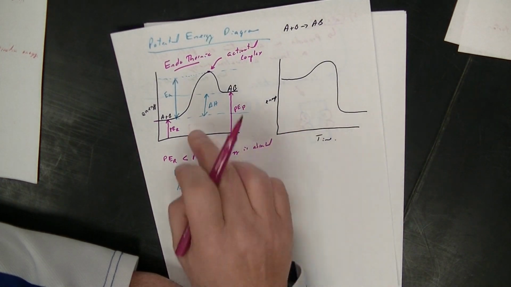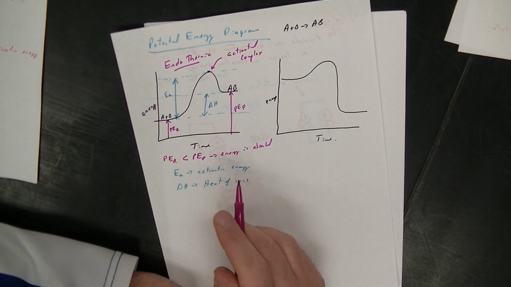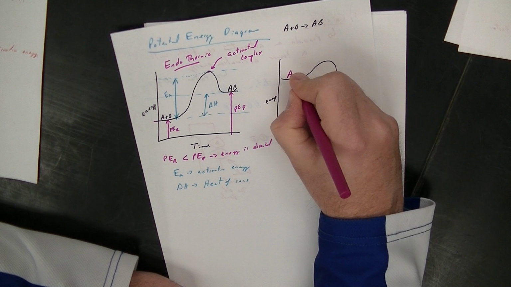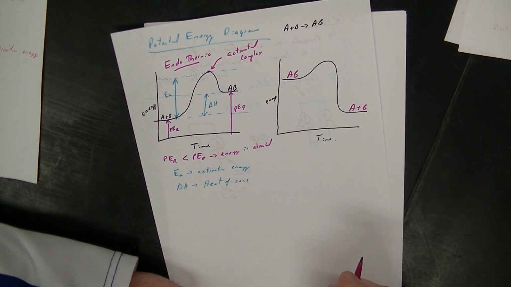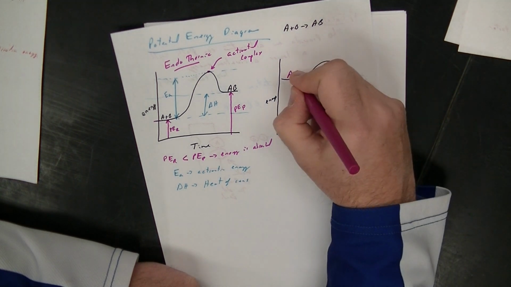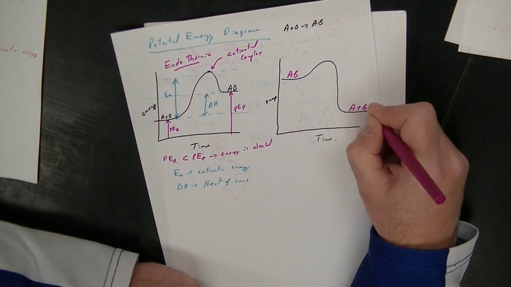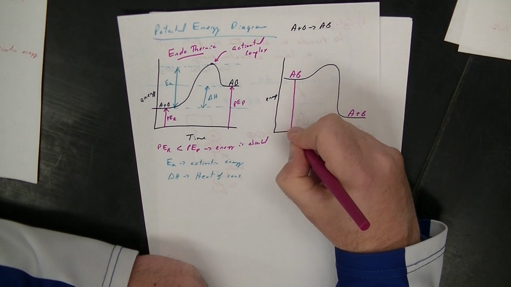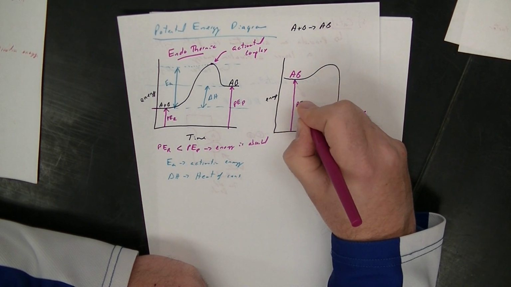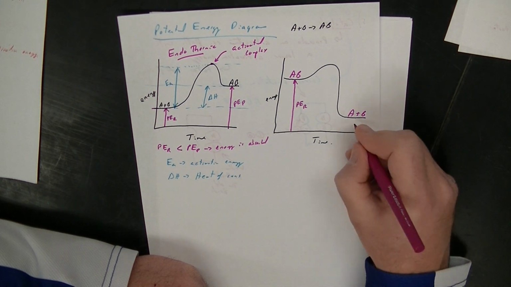Okay, now let's look at this one. This is really just a mirror image of this guy. We're starting with AB and going to A plus B. So now these are my reactants and these are my products. This would be the PE of my reactants.